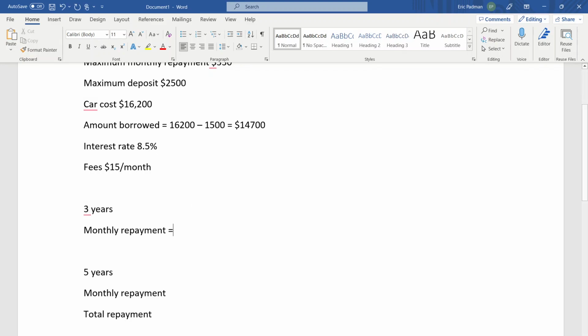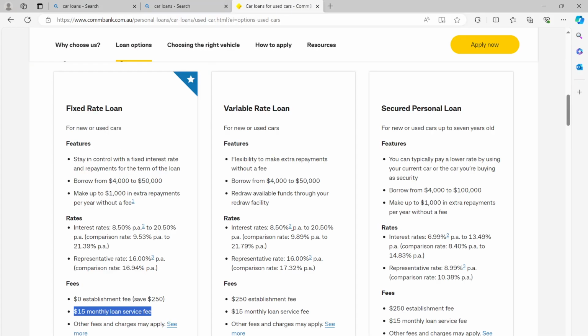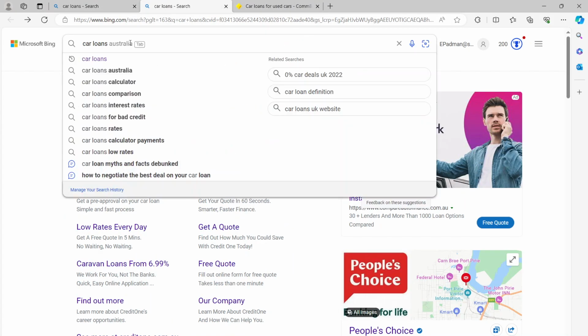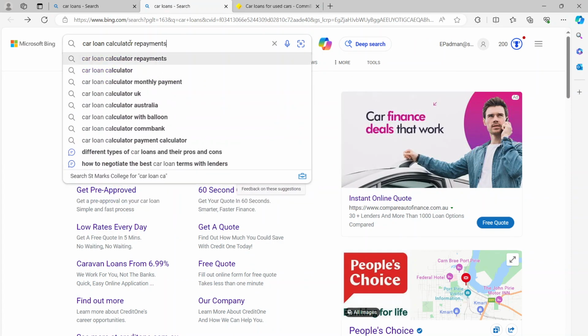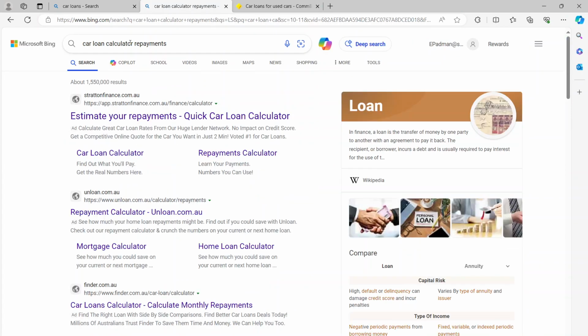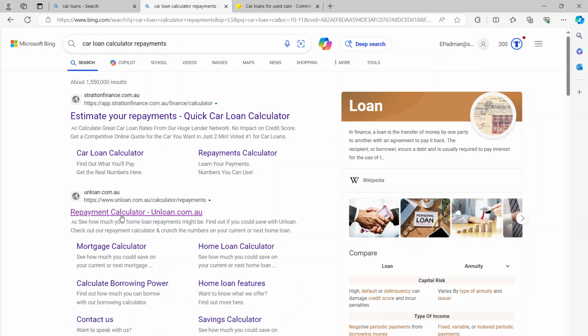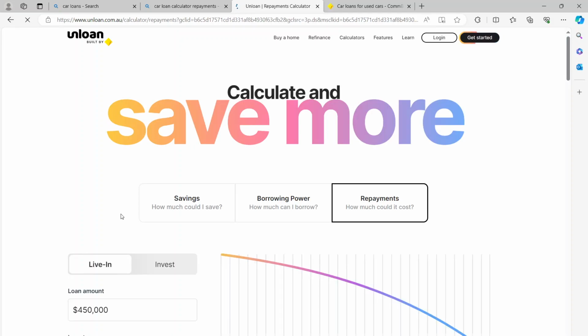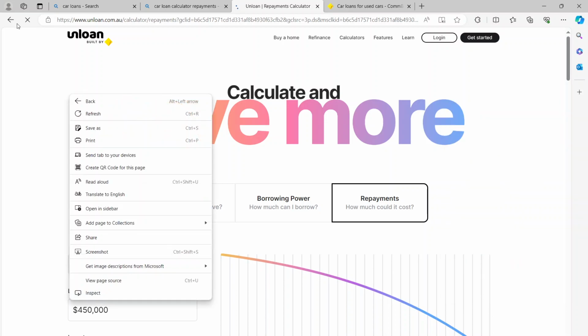All right. Okay, so next step you need to do is find yourself a car loan calculator. No, this is a home loan one.